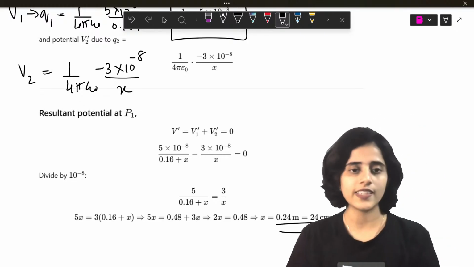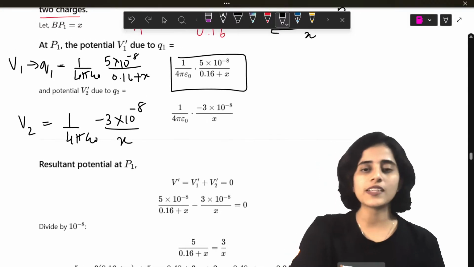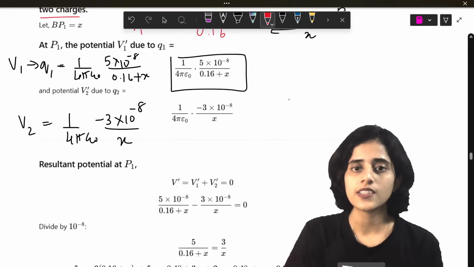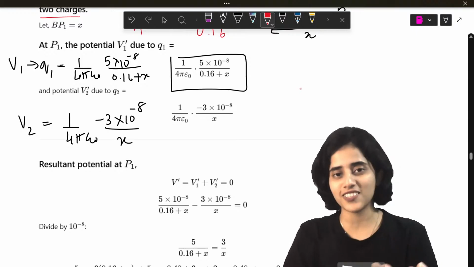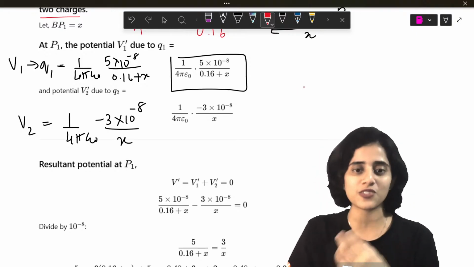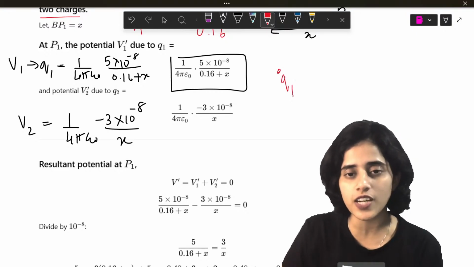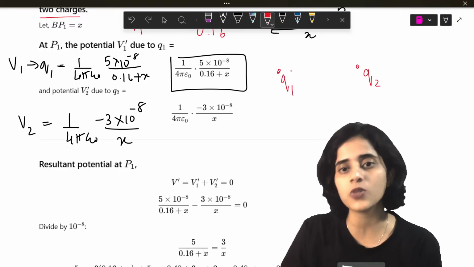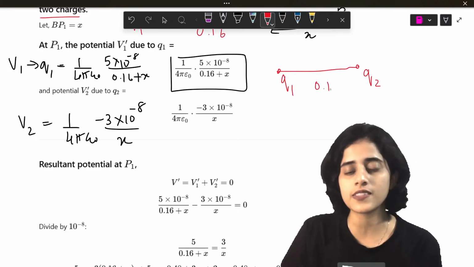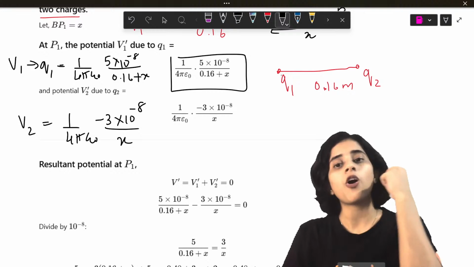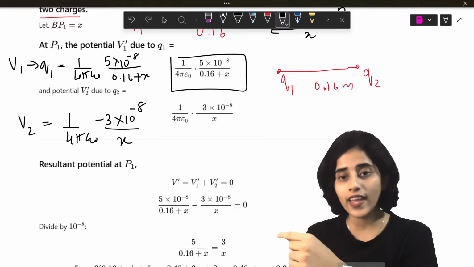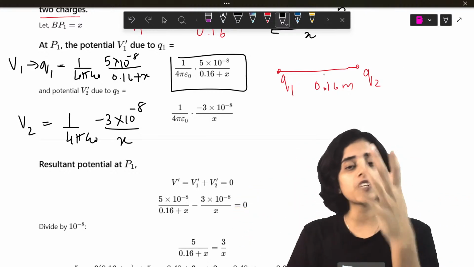Did you understand the question, students? I just can't see your faces, so I don't know if you're understanding or not. So please let me know in the chats, okay? The question is there are two charges Q1 and Q2, separated by a distance of 0.16 meters. You have to find points on the same line where potential is 0.